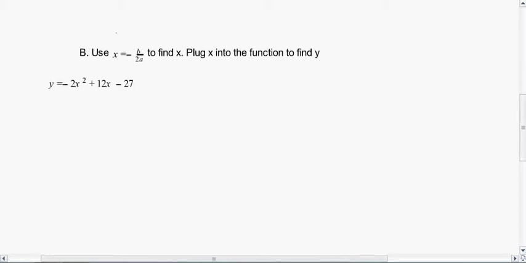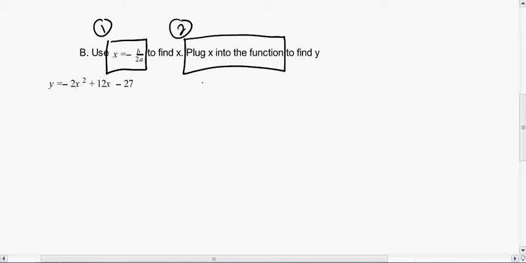So the first thing I would do is to use the axis of symmetry, and I'll figure out what the x coordinate is. I'll need to plug x back into the function to find out what y is. If you're a little unsure of the axis of symmetry, then you may want to take a look at either the quadratic formula video or the using the axis of symmetry videos.